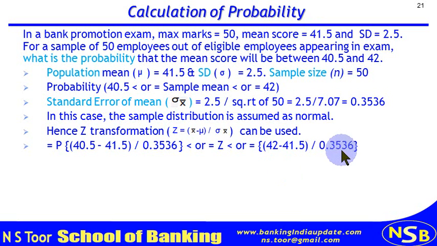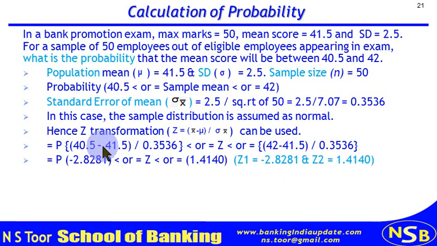Now we will simplify this. So 40.5 minus 41.5, that is minus 1, divided by 0.3536, we get minus 2.8281. Similarly, 42 minus 41.5, that is 0.5, divided by 0.3536, gives us this value.